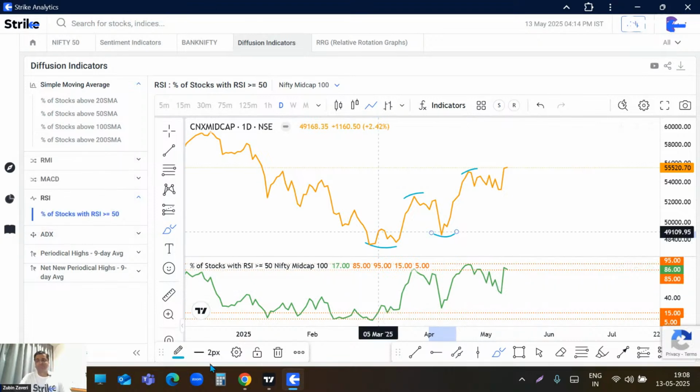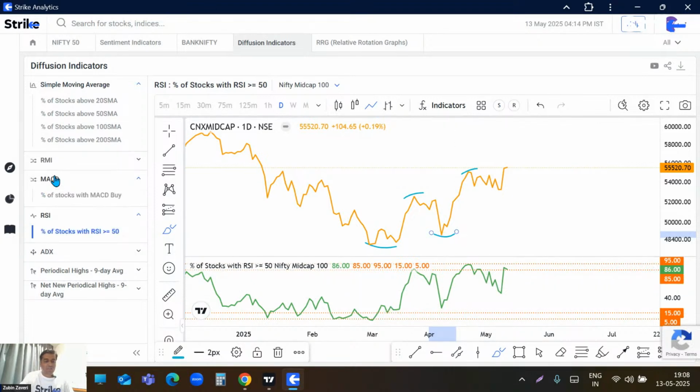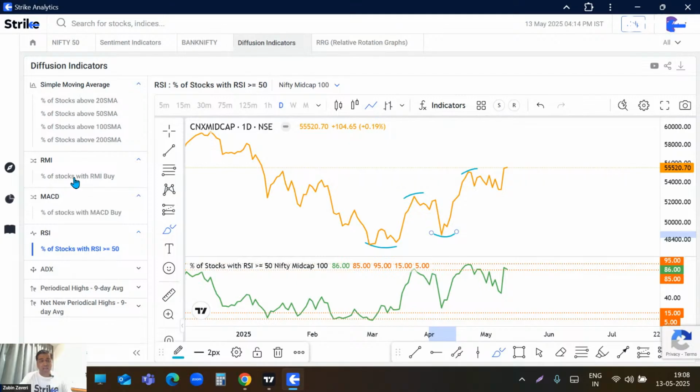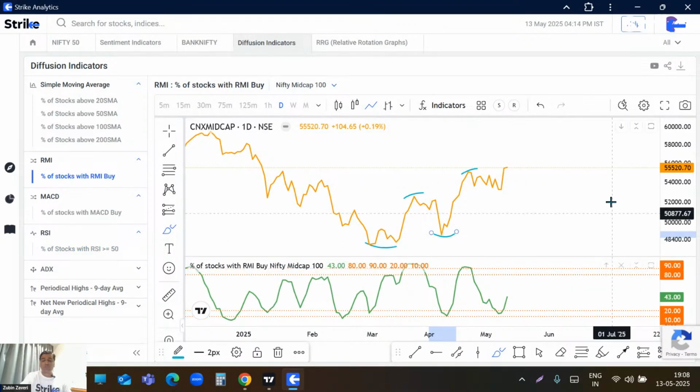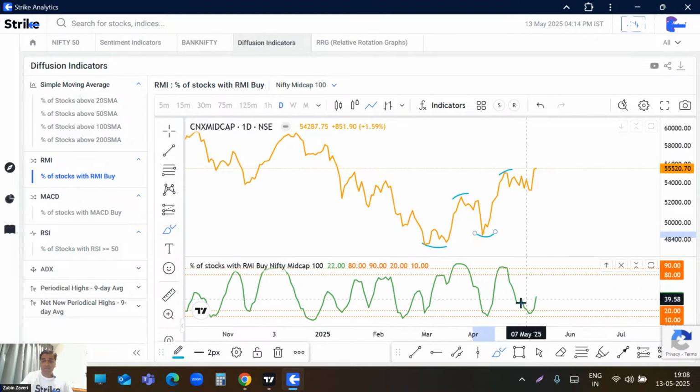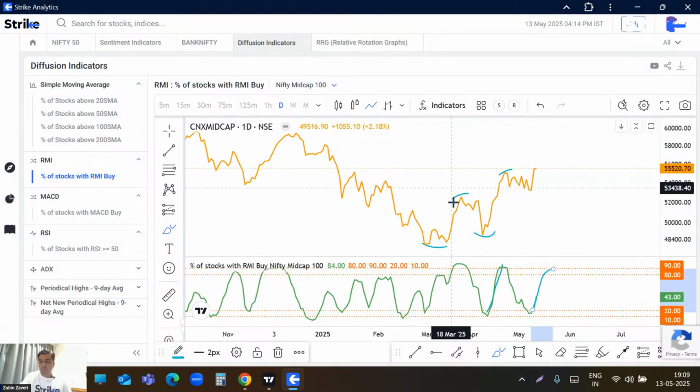Like this, we also have it for MACD, and for RMI, percentage of stocks with RMI buy. Those are the stocks which have gone down into the oversold territory and are now bouncing back. If it is bouncing back, it can come up over here, and this can also come up over here, so this move can be repeated.